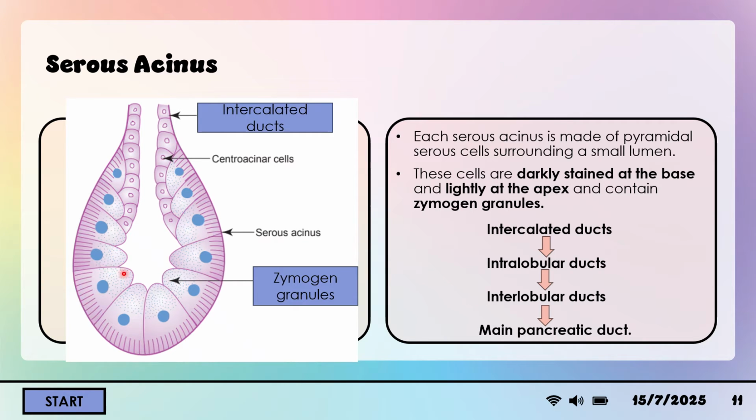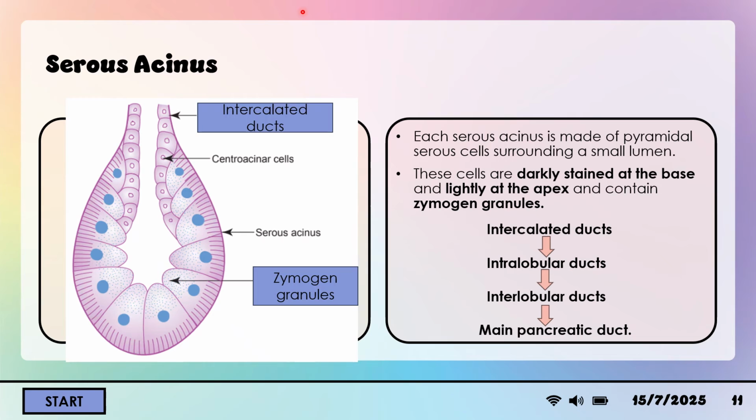These are the pyramidal cells here. These are protein secreting cells that surround a small lumen. The ducts are visible as centroacinar ducts. The intercalated ducts which enter into the acinus at the center form the centroacinar ducts. And the secretions leave via the intralobular ducts to the interlobular ducts.